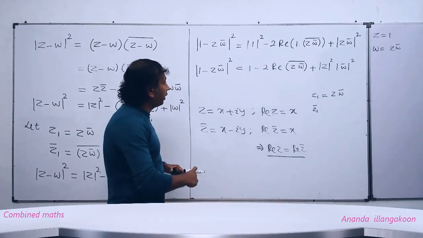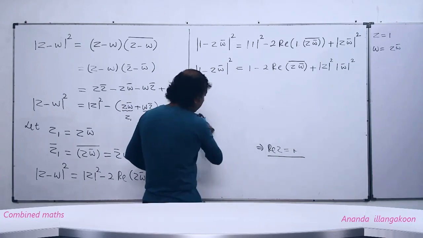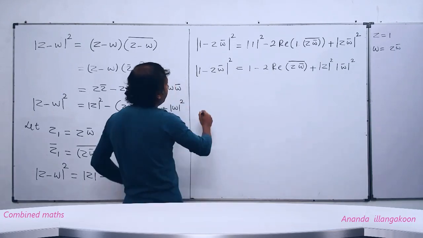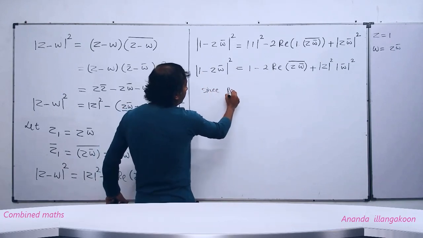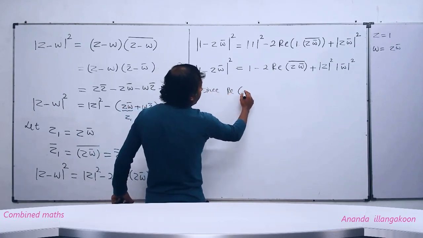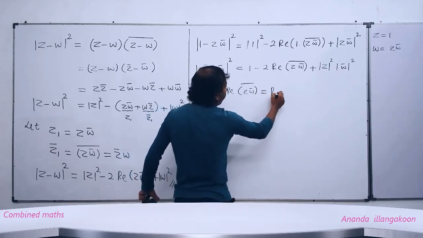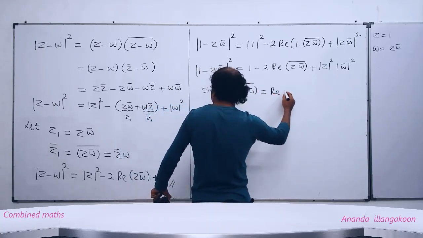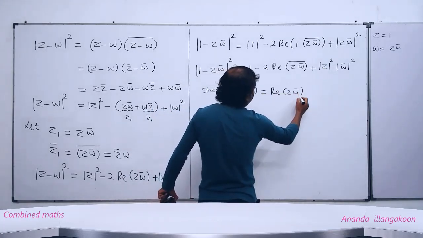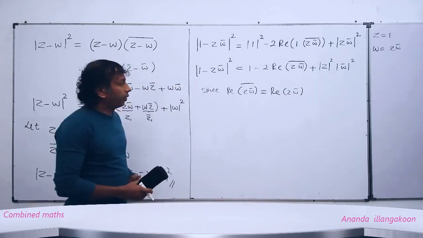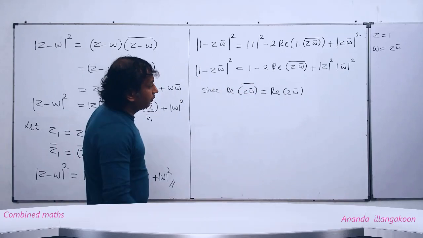Okay, so then I can write. These are very simple things, right? Now you can write this one. Since real part of Z W bar conjugate is equal to real part of Z W bar, I can write for the place of this again real part of Z W bar.